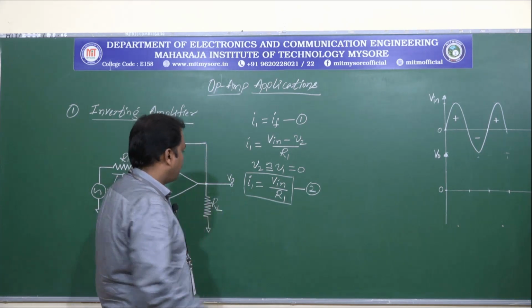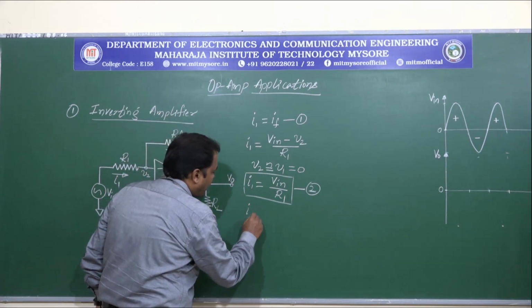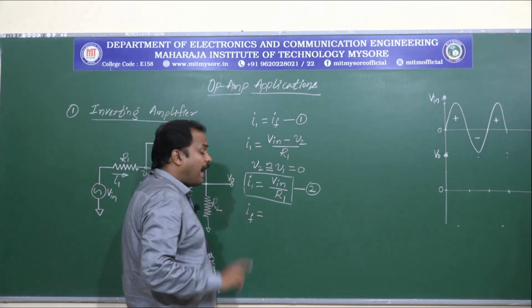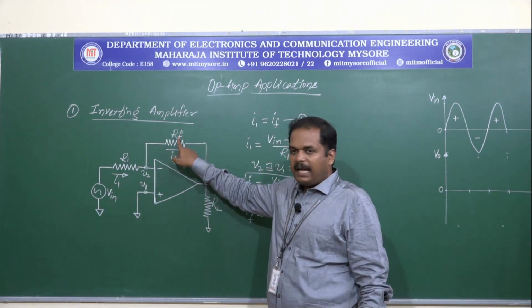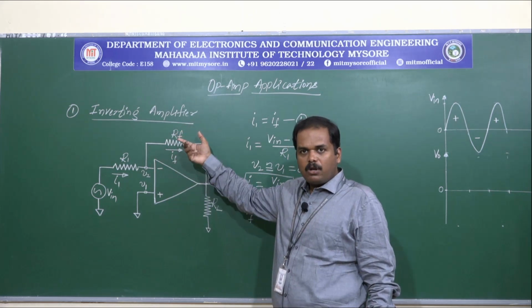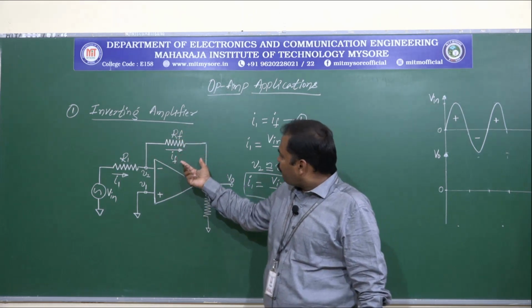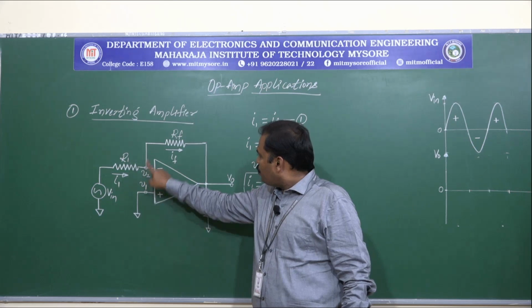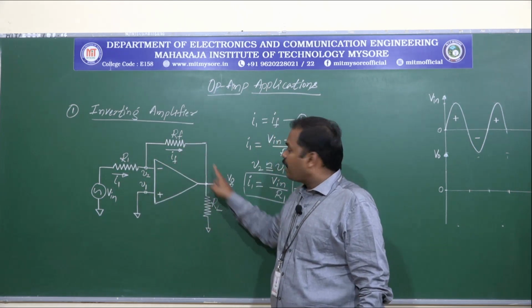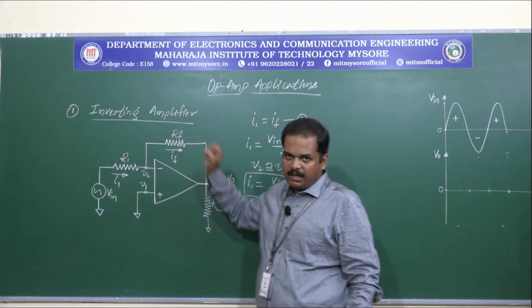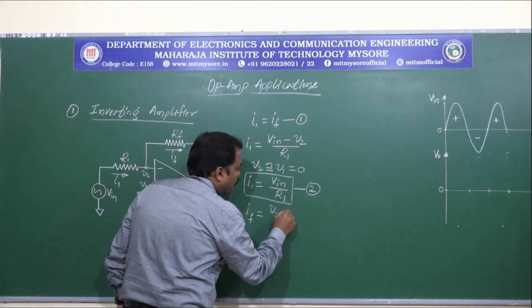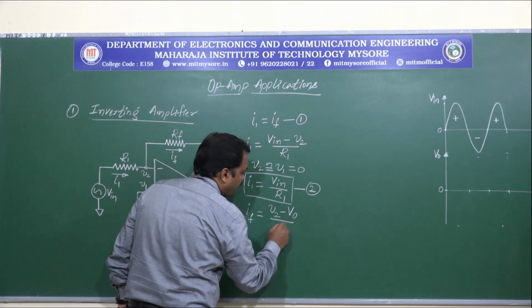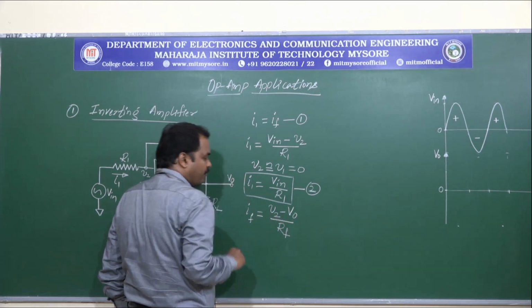Now let us derive the equation for IF. IF is the current flowing through the feedback path RF. Let us apply Ohm's law here too, so that IF is given by V2 minus V0 divided by RF, right? So let us write IF is equal to V2 minus V0 divided by RF.